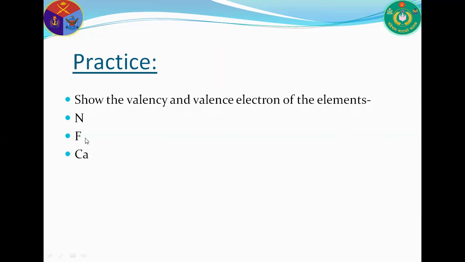Fluorine's electron number is 9, and its valency is 1, because it combines with other univalent elements. In the case of calcium, there are 2 electrons in the outermost energy level from its electronic configuration, and it combines with 2 univalent elements, so its valency and valence electrons are the same. This is 2.